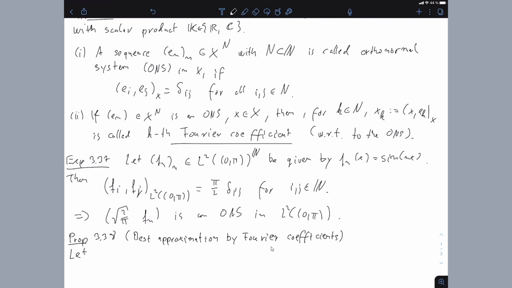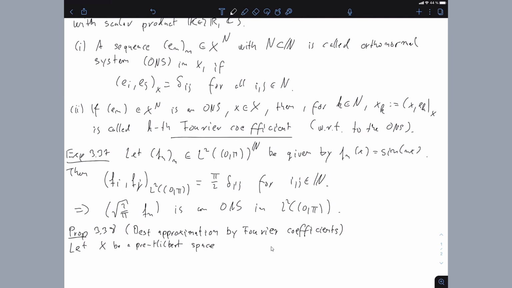So we have the usual setting of this section. We have a vector space X with scalar product, in short called a pre-Hilbert space. We have some number k, and we have a finite orthonormal system, that's e_n where n ranges from 1 to k.